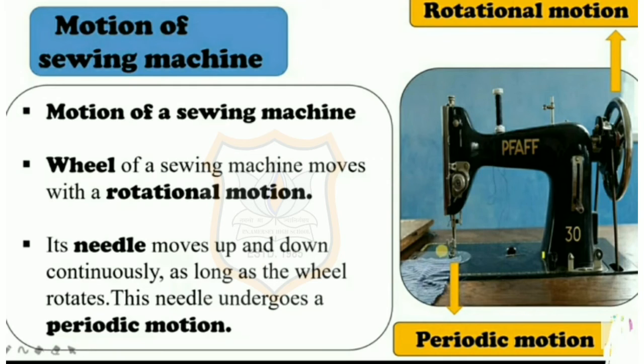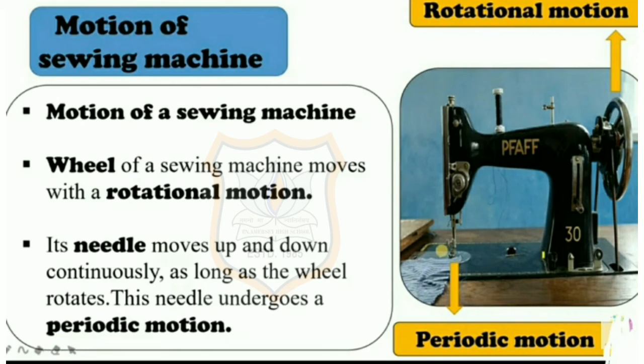Did you observe a sewing machine as a part of activity 5? You must have observed that it remains at the same location while its wheel moves with a circular motion. It has a needle that moves up and down continuously as long as the wheel rotates, isn't it? This needle is undergoing a periodic motion.